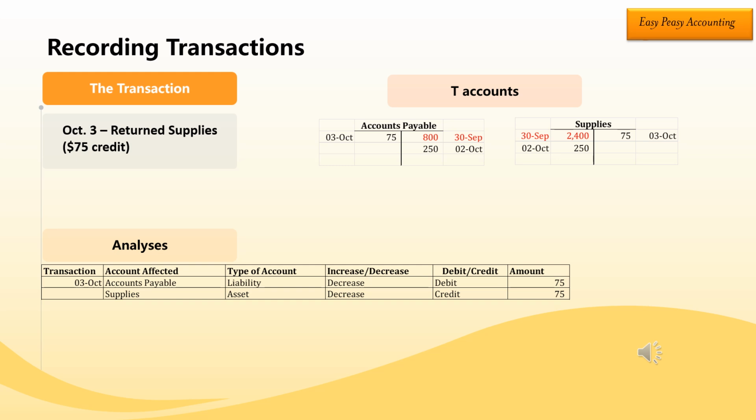Accounts payable decreased $75, recorded on the left side, the debit side of the T account.